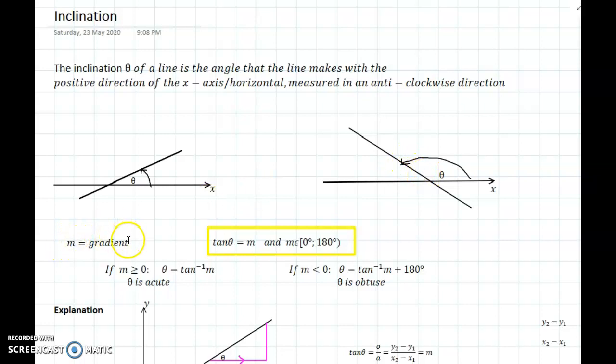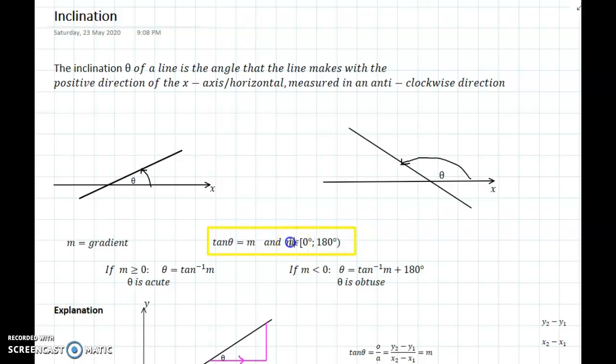So m is the gradient. And so if you want to find the inclination of a line, you need the gradient. And tan theta is equal to m, where theta is an element between 0 and 180.